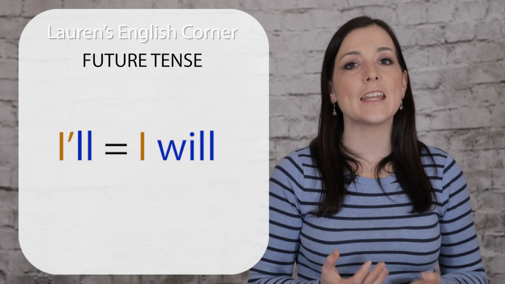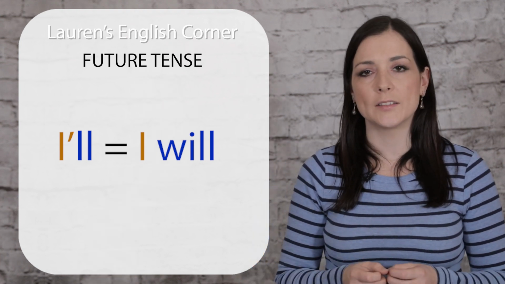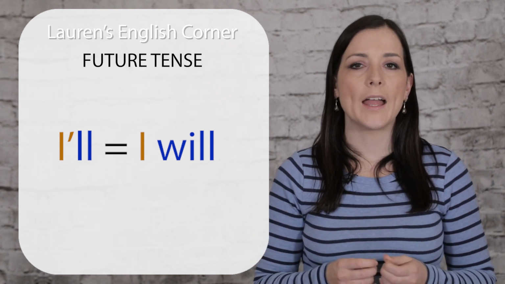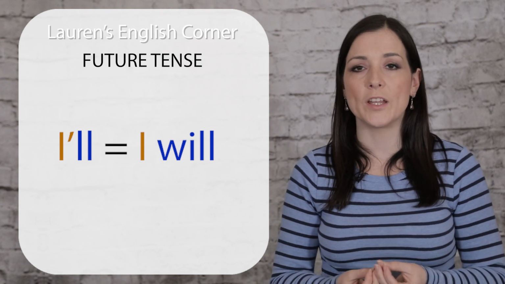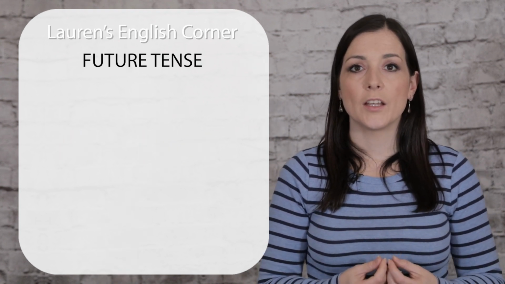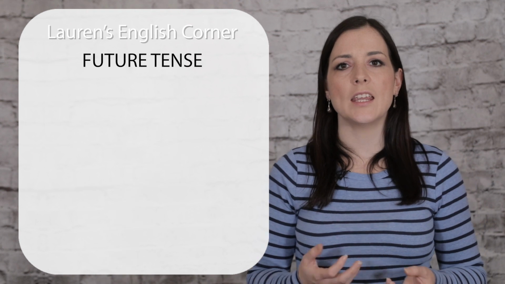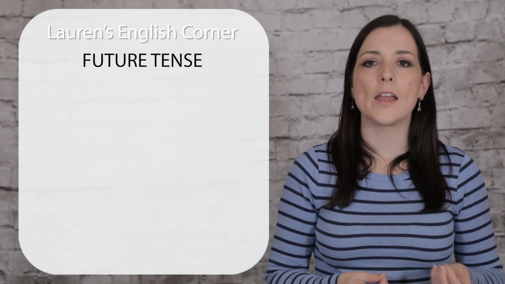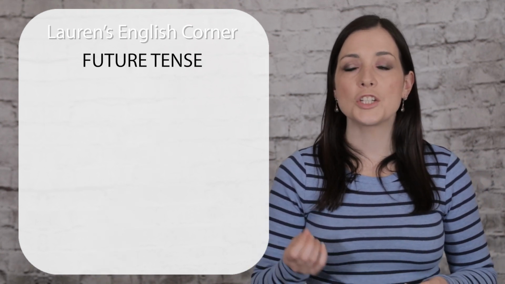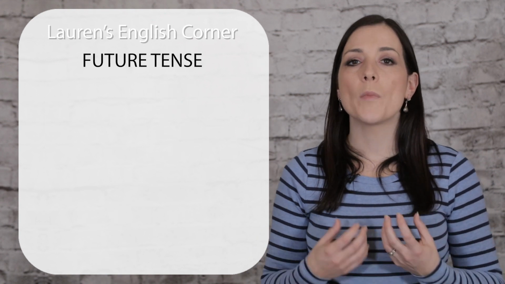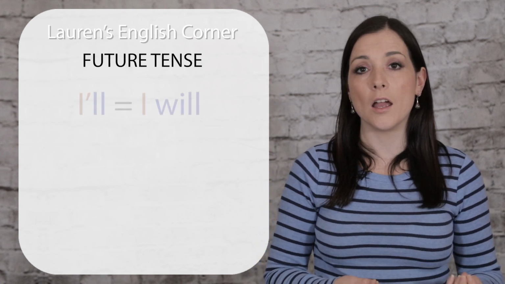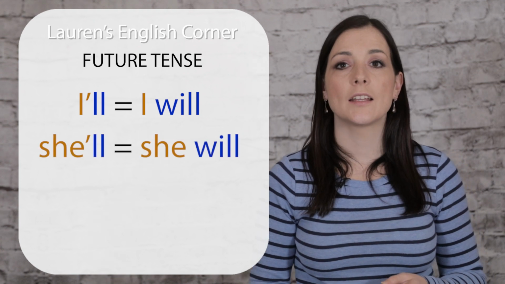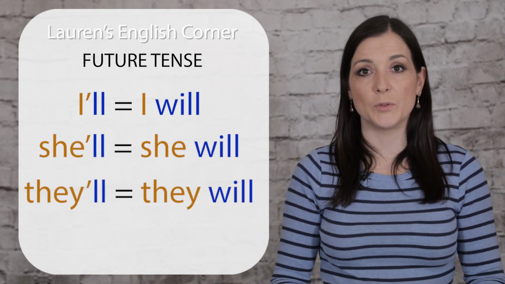This is because in English we often shorten words by adding them together. We call it contractions. So it's very rare to hear someone say, I will, or she will. You will most likely hear I'll, she'll, they'll, for example.